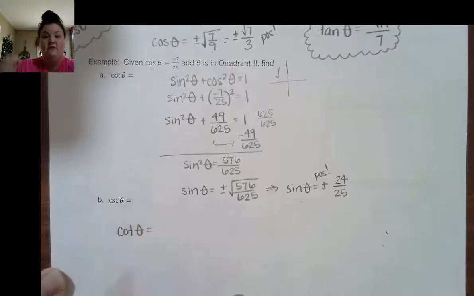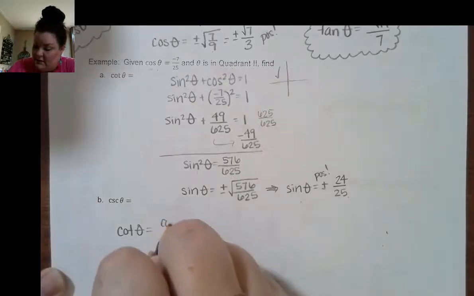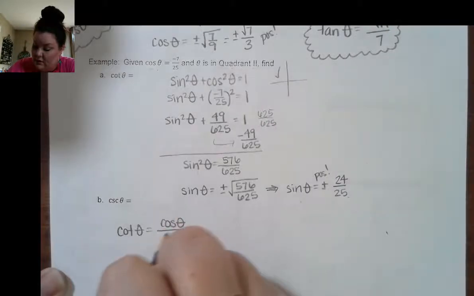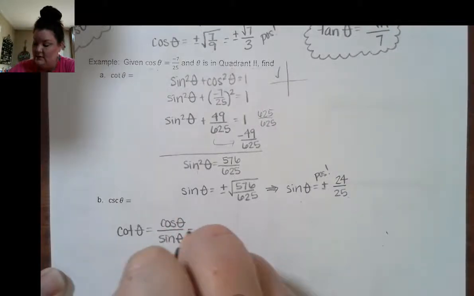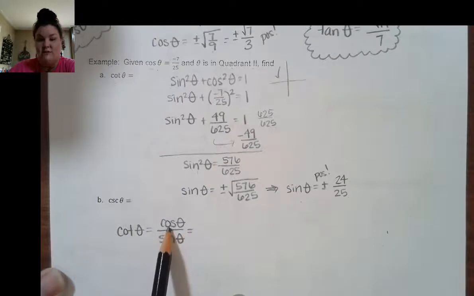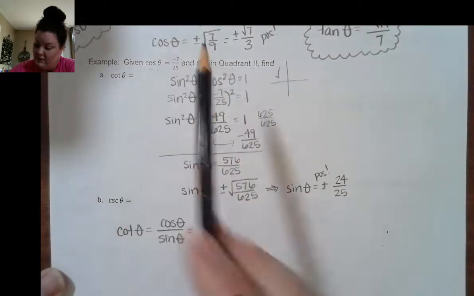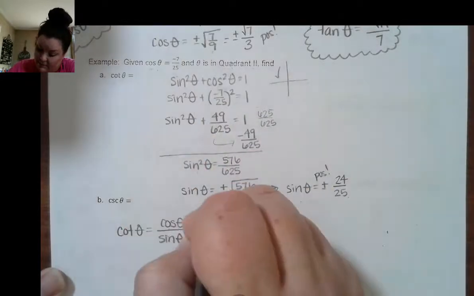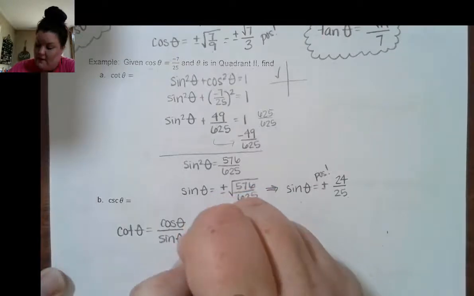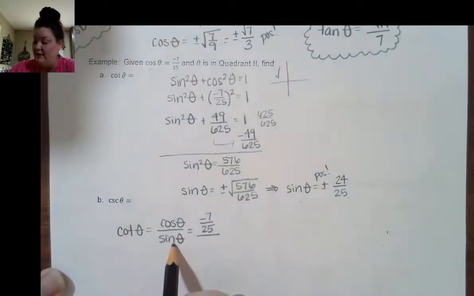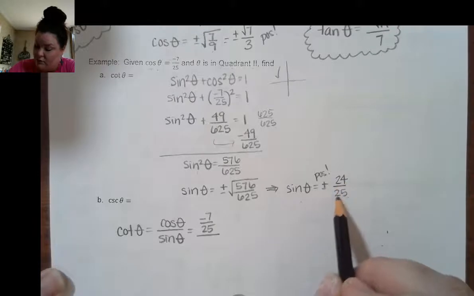Now, tangent is sine over cosine, right? So cotangent is going to be the reciprocal of that. So that's going to be cosine theta over sine theta. Cosine theta was given to us. It's negative 7 over 25. And sine theta, we just figured out, is a positive 24 over 25.